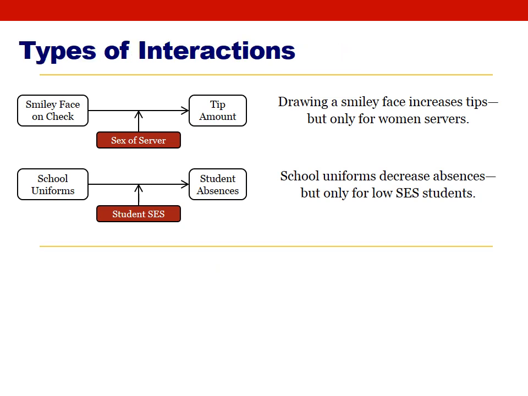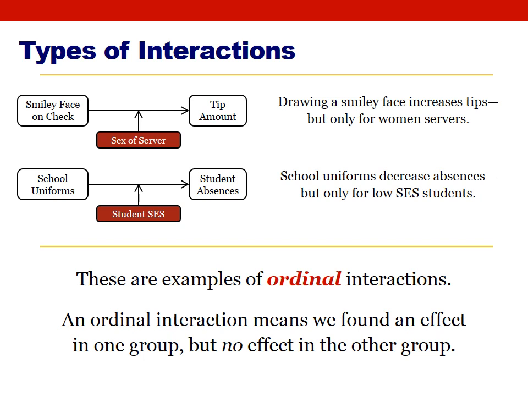These top two examples, the smiley face and the school uniforms, in each case, what we found is that there was a relationship for one group, but not for the other group. So for the smiley face example, smiley face had an effect on tips for women, but did not have an effect on tips for men.